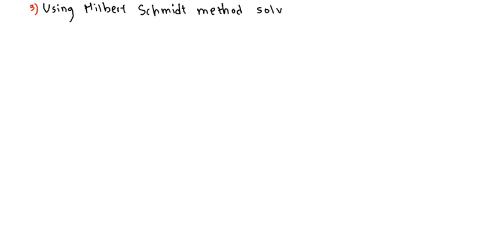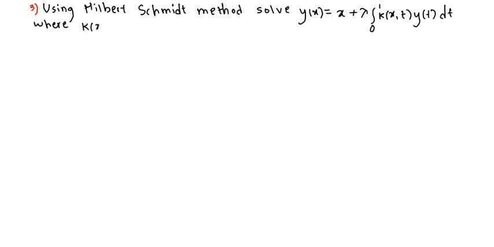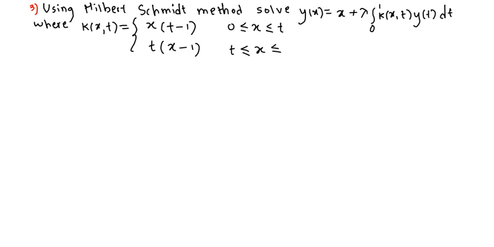Solve y(x) = x + lambda times the integral from 0 to 1 of K(x,t) y(t) dt, where K(x,t) is given by this formula: x(t-1) when x is greater than t, and t(x-1) when x is less than or equal to t, with x and t between 0 and 1.